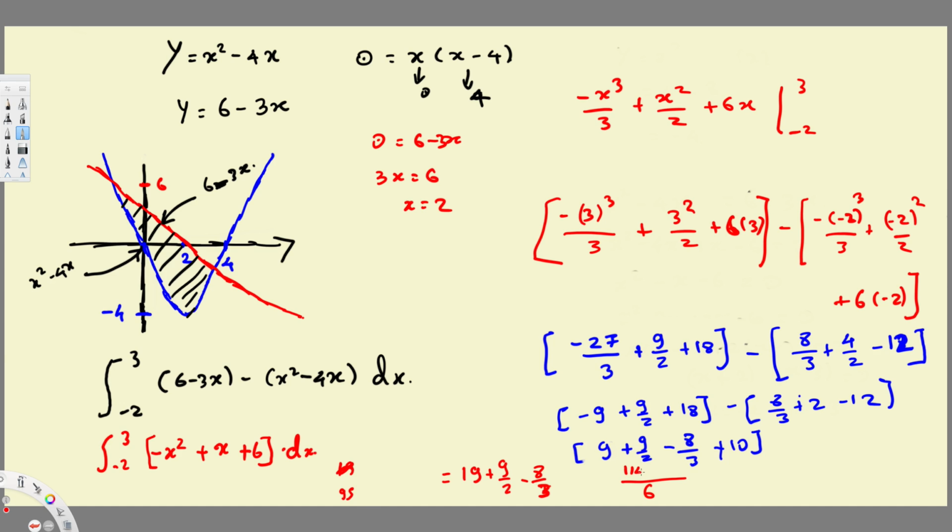So 114 is 19 times 6. Then 9 by 2 is going to be times 3. And minus 8 by 3 is going to be times 2, so it's going to be 16. If we add them together, what will this give? So 114 plus 27, minus 16, is going to be 116.